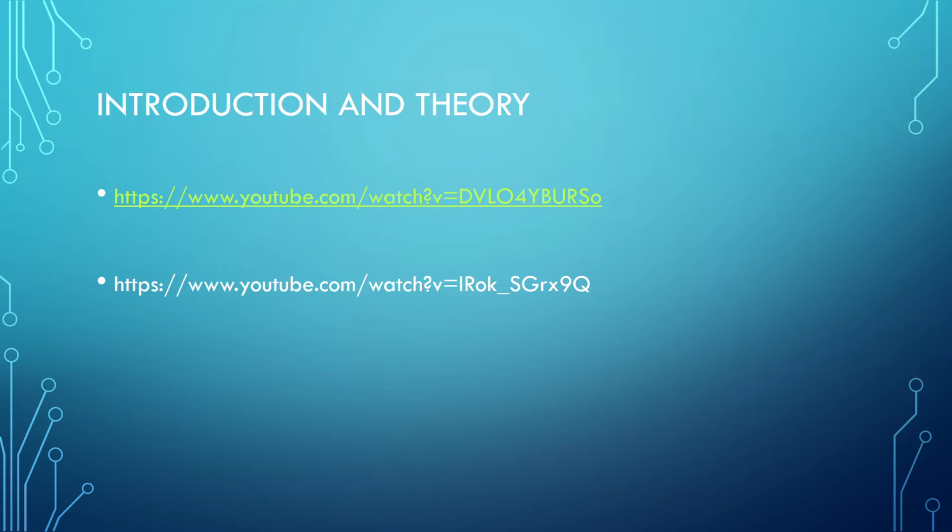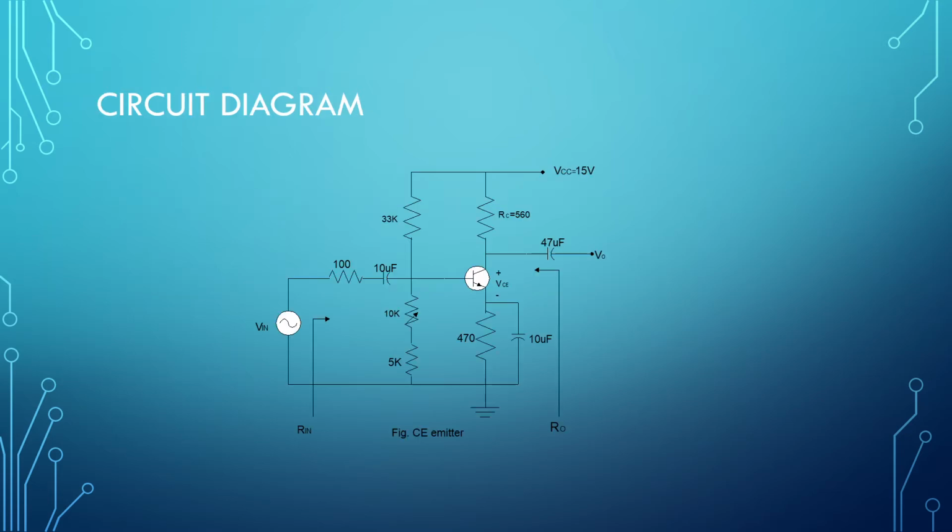Alright, so to learn more about the theory and the details on the common emitter amplifier, you can watch this link. Basically, it's covered in your electronics and also electronic circuits. And for this lab, the circuit diagram looks like this one. Alright, so as you can see, this is the common emitter amplifier.